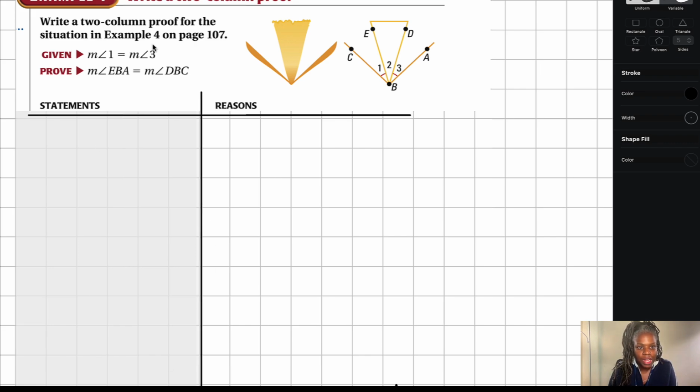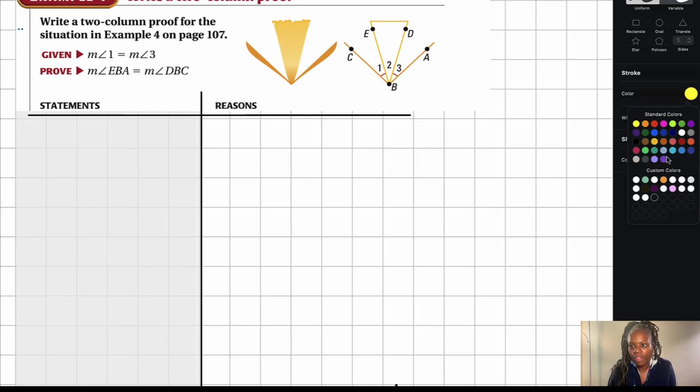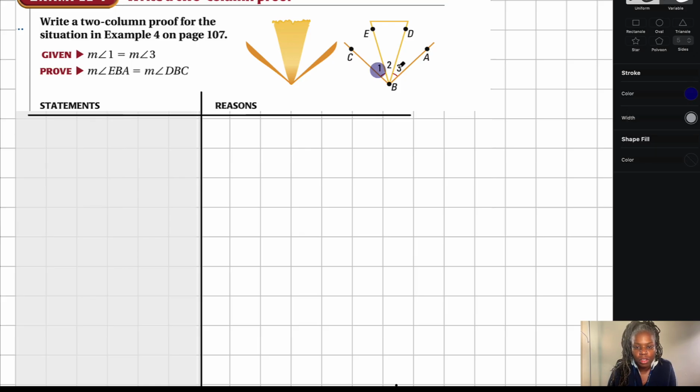So the first thing we have is that we're given some information. Let's look at the picture and talk about it real quick. Given that angle 1 and angle 3 are congruent, I'm going to highlight those so I can keep my attention on it.